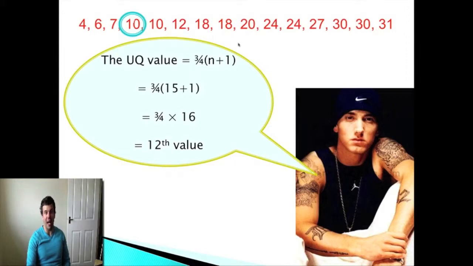The upper quartile has to fit along this side of the data. Let's count 12 values. 1, 2, 3, 4, 5, 6, 7, 8, 9, 10, 11, 12. The upper quartile for this set of data is 27 metres.